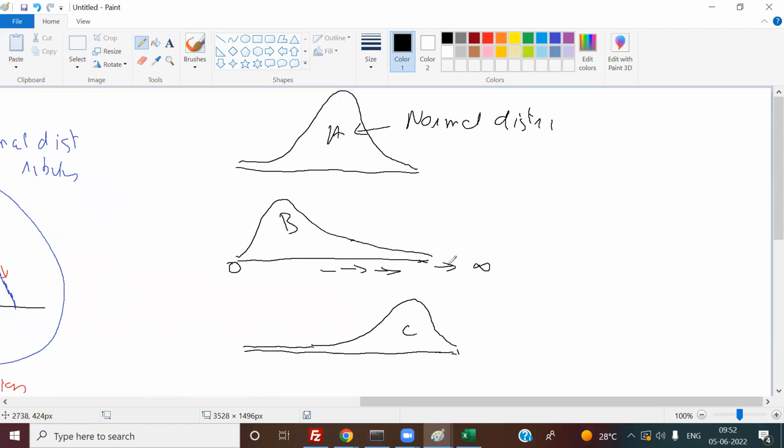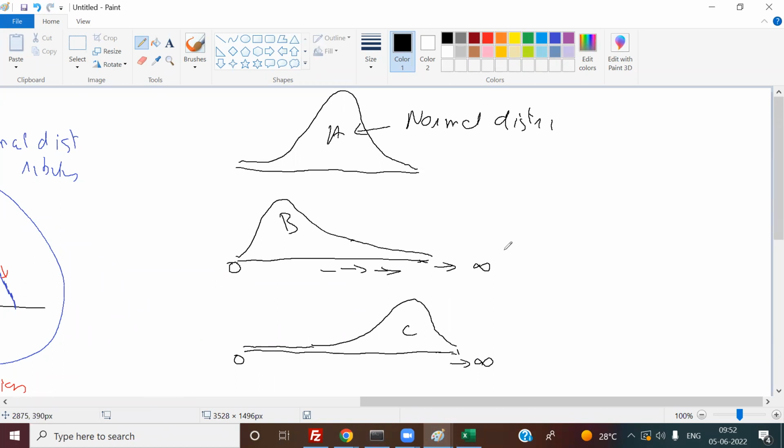Okay. And this is a value 0. And this would be your infinity. Or probably the best thing would be, you can say this is moving towards minus infinity, if the values can go below 0 also. But many times values don't go below 0. So I'm saying 0 to infinity. But it can be from minus infinity to plus infinity also.